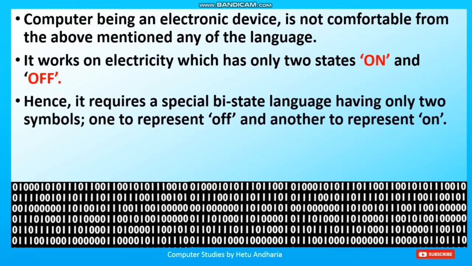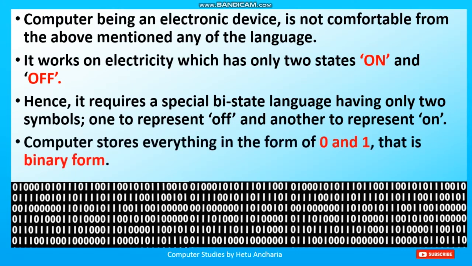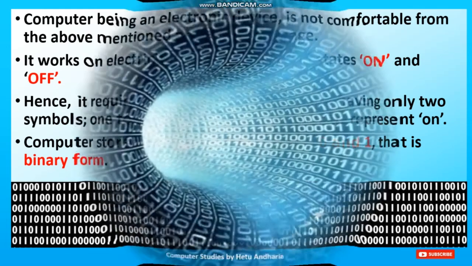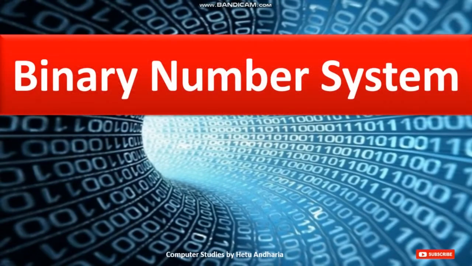Hence, it requires a special bi-state language having only two symbols, one to represent off and another to represent on. So computer stores everything in the form of 0 and 1, that is binary form. Below is given a coding of an image. Now you cannot see any image there, right? You can see only 0, 1, 0, 1. But the image is stored in the binary form in the zeros and ones. So now we will discuss the binary number system.